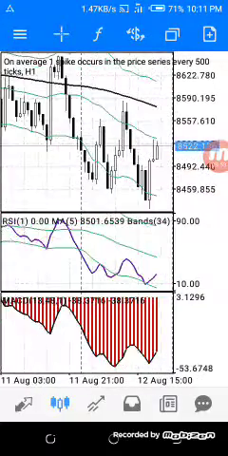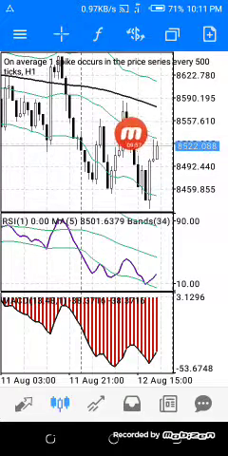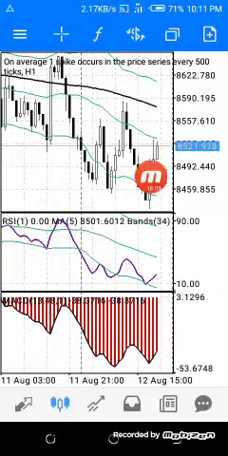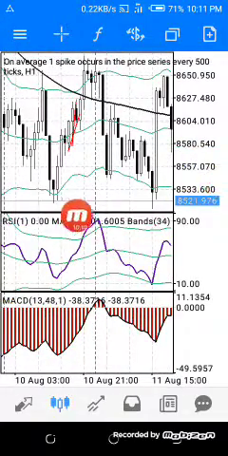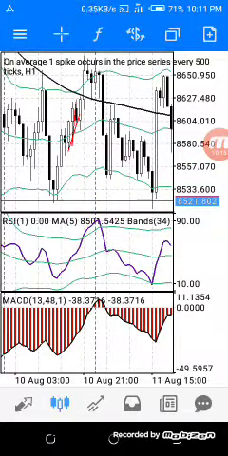Let me show you the previous one, since this one still has to take time to reach the upper Bollinger Band. So I'm going to show you the easiest one using this one. Okay, the selling opportunity here. So here is the thing.